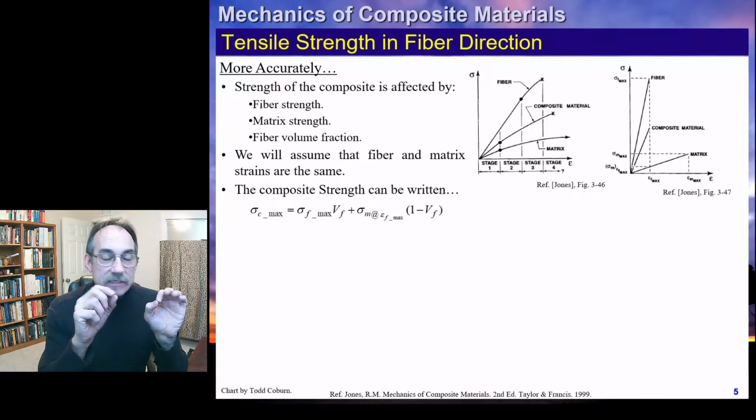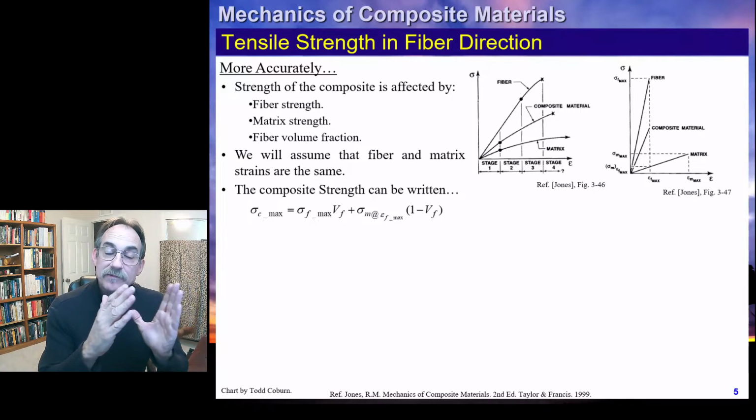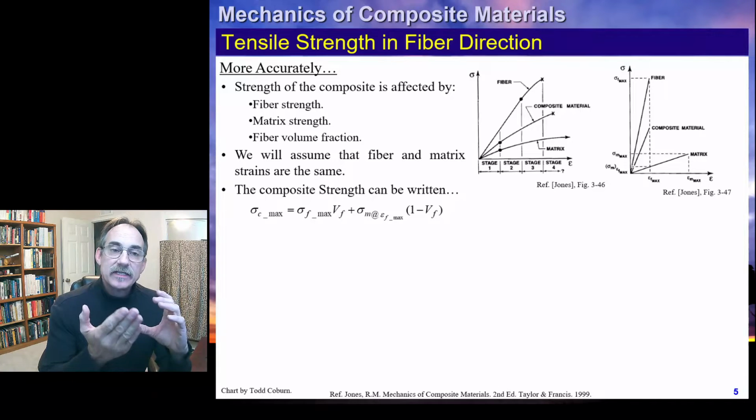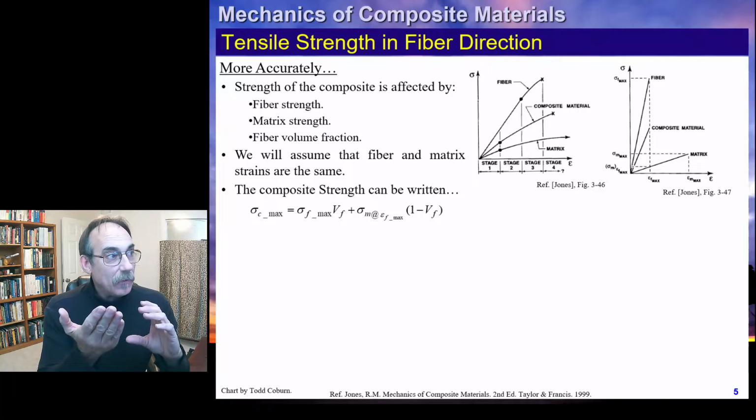Sigma, the stress, for sub C, which is for the composite or for the lamina. The max value of that lamina strength is going to be, we know it's the maximum strength of the fiber times the volume fraction. We know that the fiber will pick up stress in accordance with its volume fraction. All of that is going to go up until the max allowable, and then it's going to fail.